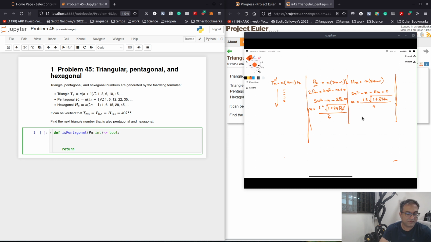So Pn into 24, square root of 1 plus 24 into Pn, plus 1, by 6.